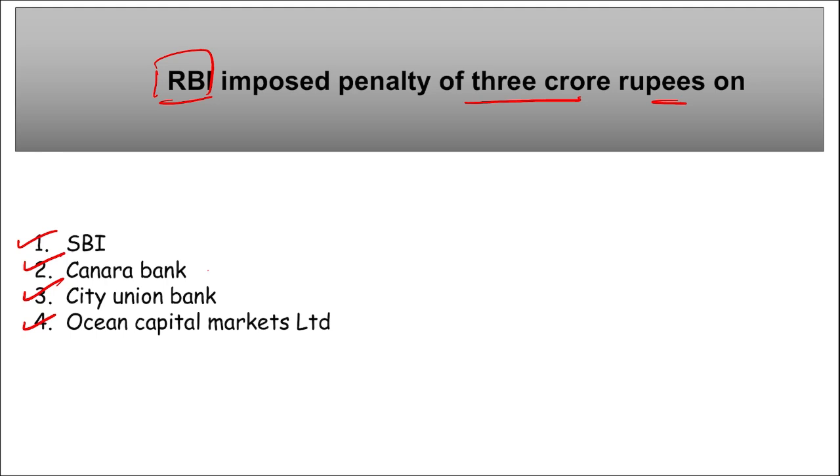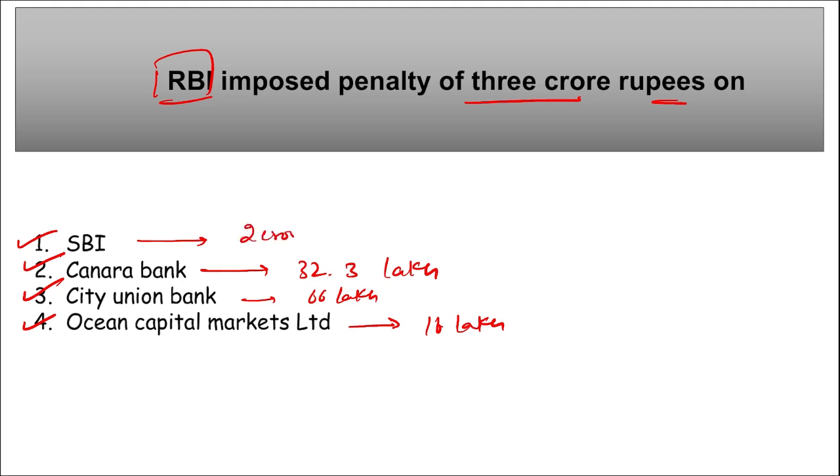If we look at Canara Bank, a penalty of 32.3 lakh penalty was imposed. Then if we talk about Ocean Capital Market Limited, a penalty of 16 lakh rupees was imposed. If we talk about City Union Bank, a penalty of 66 lakh rupees was imposed. And if we talk about SBI, a penalty of 2 crore rupees was imposed.